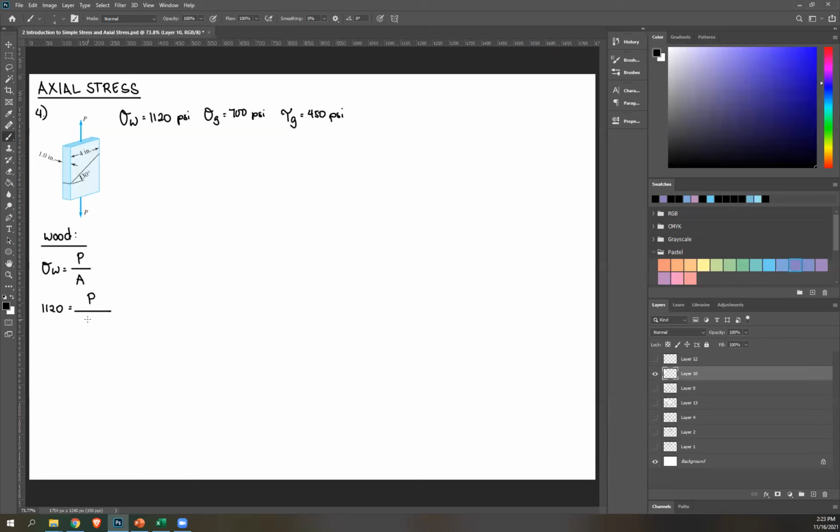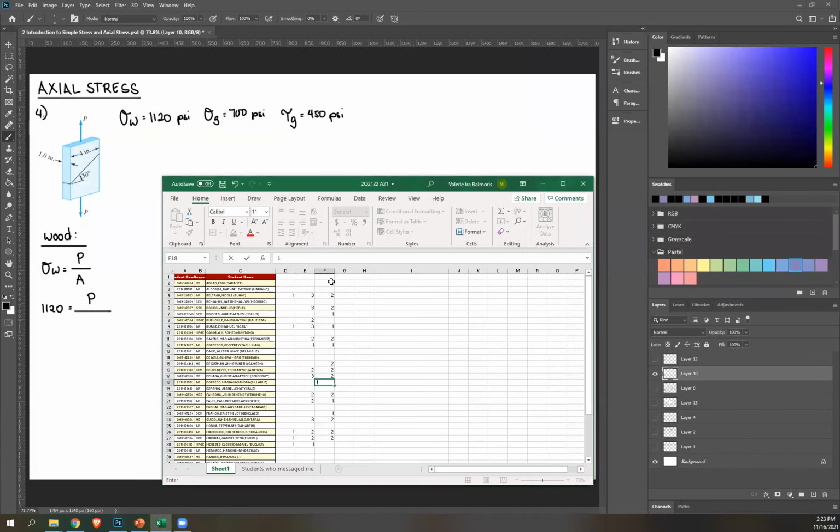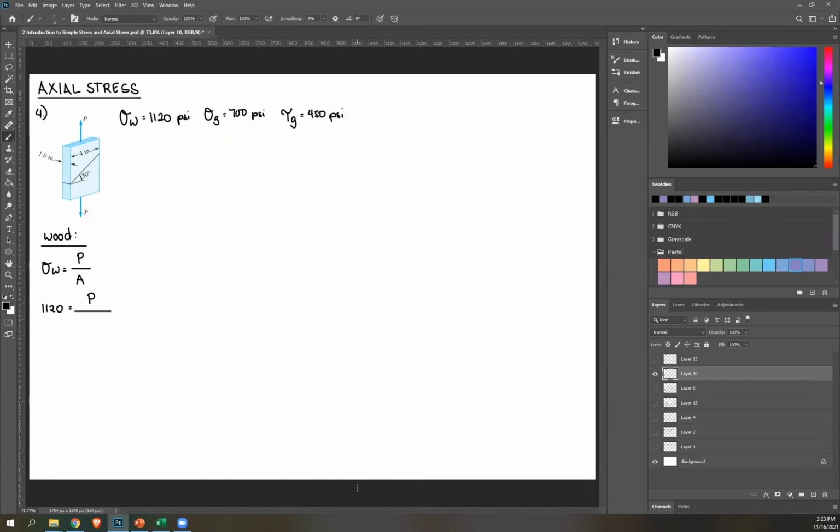A is the cross-sectional area of your object, which would be this part. So can anybody tell me what is the cross-sectional area of that? Very good, Eric and Emmanuel. It's 4 inch squared. Why?